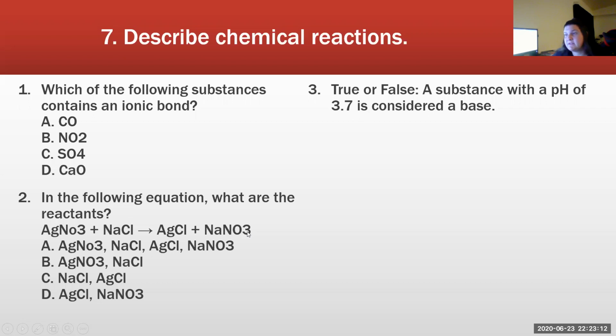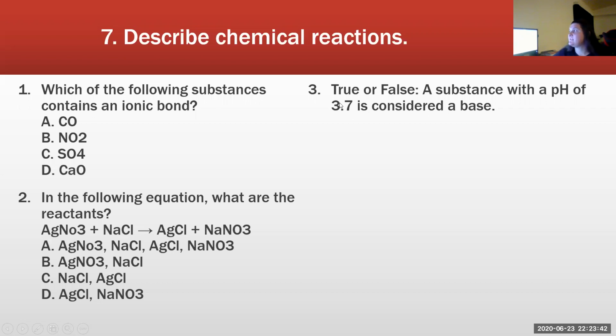This is our product. So our reactants are AgNO3 and NaCl, because option A includes all of the elements in the equation. Option C has one reactant and one product. And option D includes both the products. So the reactants are going to be on this side of the equation. Understanding that with chemical reactions will be really helpful.